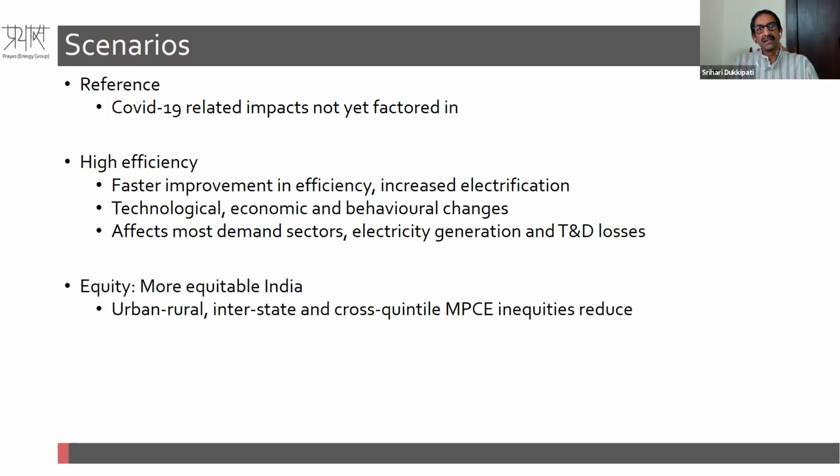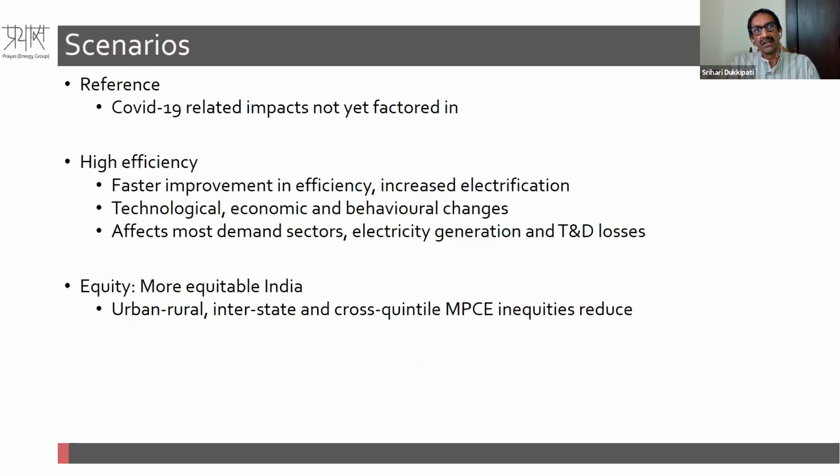The second scenario, apart from the reference case, is the equity scenario, where we assume that India is more equitable. This is not due to any policy input per se, but just that the lower expenditure, lower income quintiles see their incomes grow at a faster rate, and the higher expenditure quintiles see their incomes grow at a slightly slower rate.